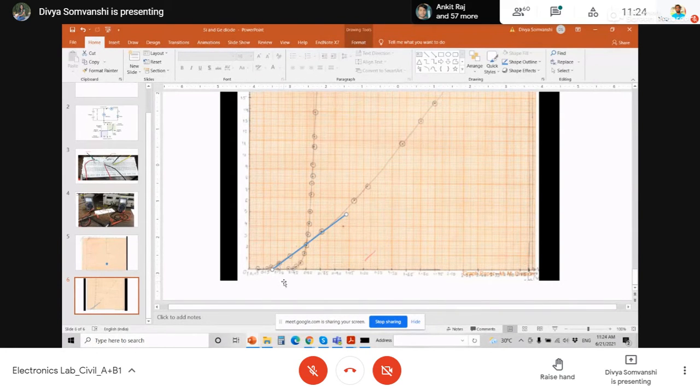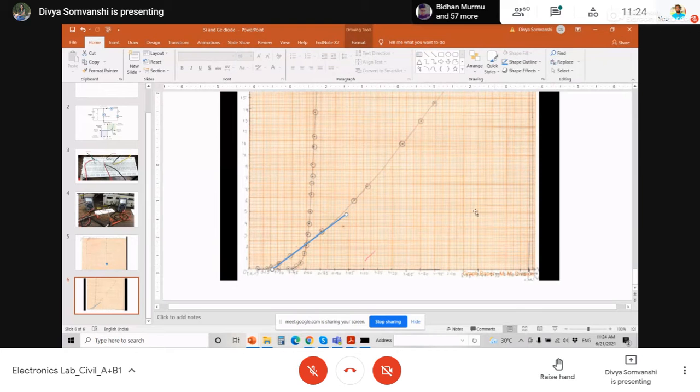So normally the standard cut-in voltages are 0.7 and 0.3, but what we are getting is somehow lesser than the standard, because the diode is old, basically. So this is how you can determine the cut-in voltage from the forward bias characteristic.